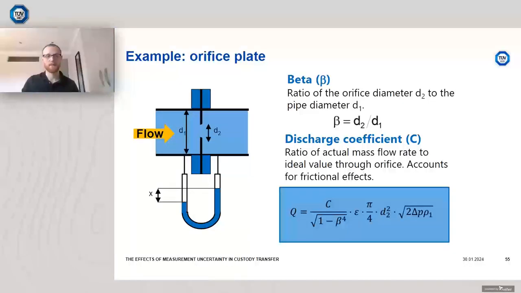As the differential pressure across the plate changes, the flow rate changes. The mass flow rate through the device is shown in the box below. I wouldn't concern yourself too much with this equation per se, but if we're trying to work out the uncertainty in the mass flow rate, Q, we need to understand what the uncertainty is in all these parameters and how to go about doing that.